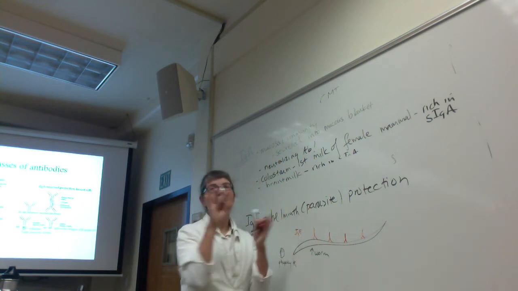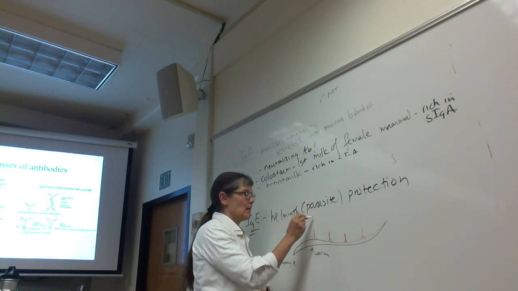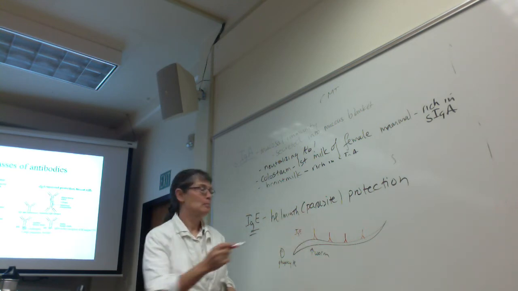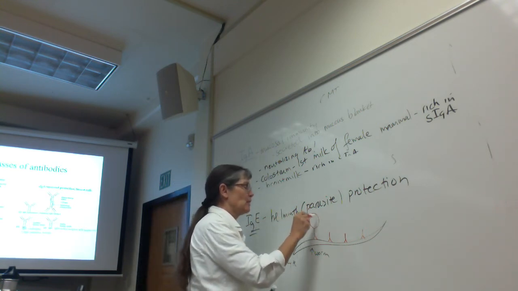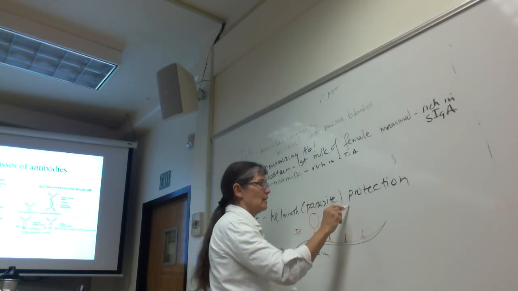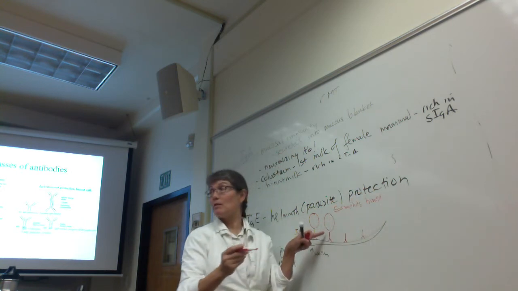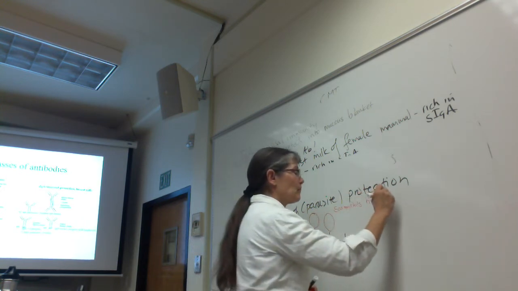And then, folks, you don't need to know these details, but I just think it's the coolest thing. We've got another type of white blood cell called an eosinophil. So I'll make great big eosinophils here. The eosinophils can bind to the IgE because they too have Fc receptors for IgE.